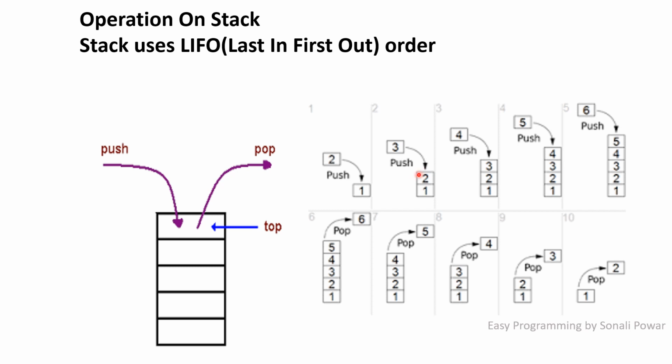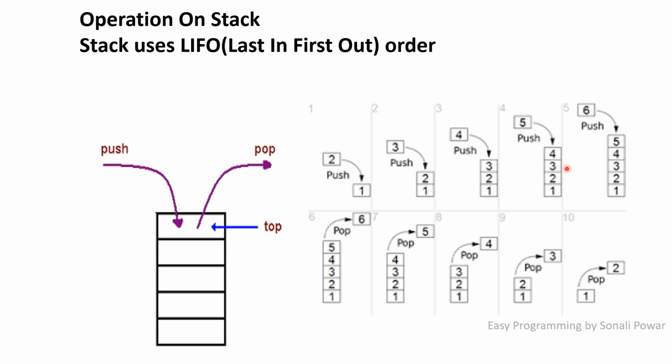After that, suppose I want to push 3, I will push 3, which is added above the 2. So this is your resultant stack 1, 2, 3. After that, if I push 4, it will be placed above the 3. If I push 5, it will be placed above the 4. Like that I can perform push operations.